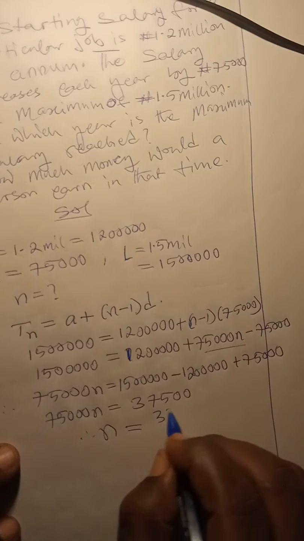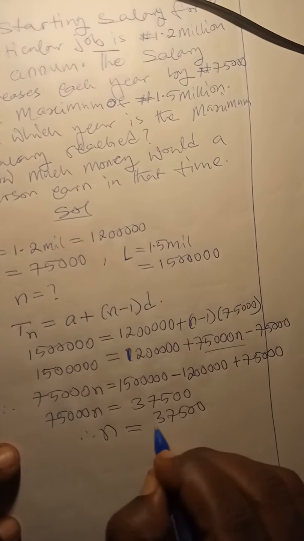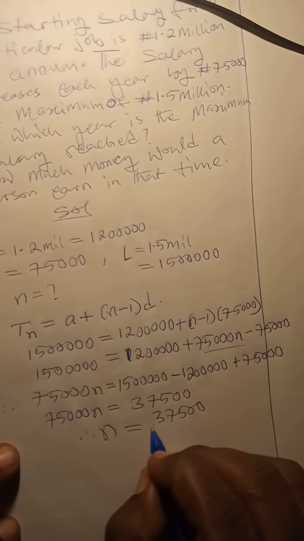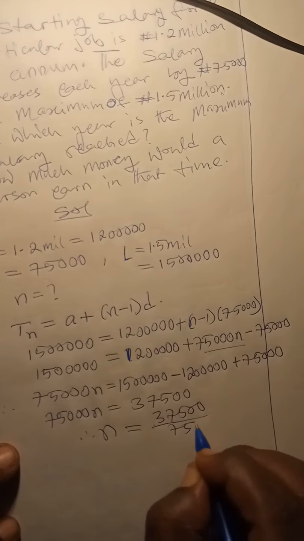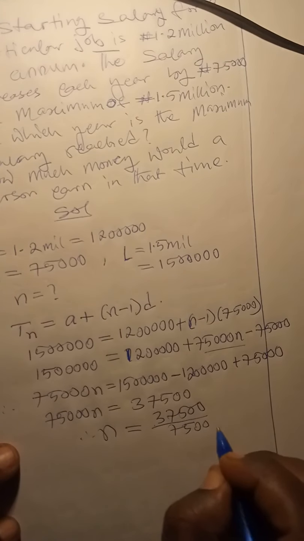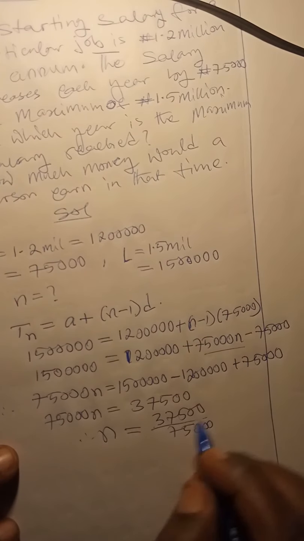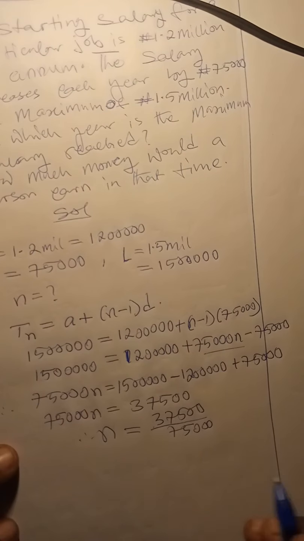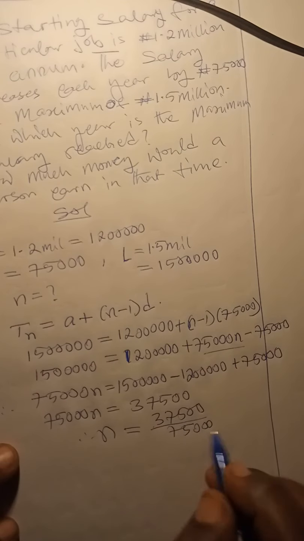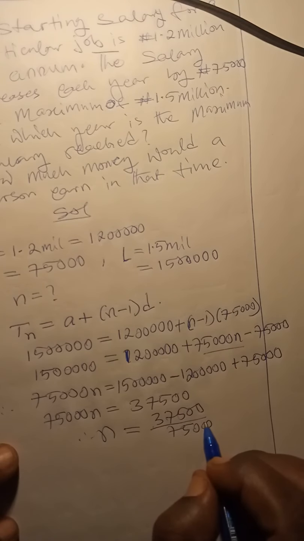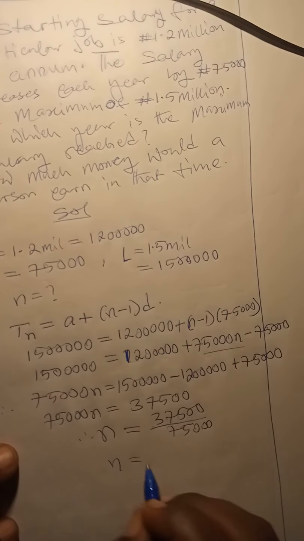The next thing is to divide both sides by 75,000. So you have 375,000 divided by 75,000. If you do so, you're going to have N equal to 5.